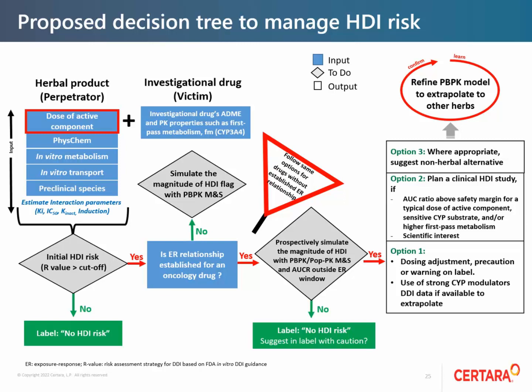The results of these options can then be fed back into the PBPK model to refine, for example, the perpetrator or victim drug model parameters, but it can also help in extrapolating the effects to other herbs. So for example, with bergamottin, it's also found in Seville oranges, so the work done here could be extrapolated to the effects in Seville oranges, just as an example.